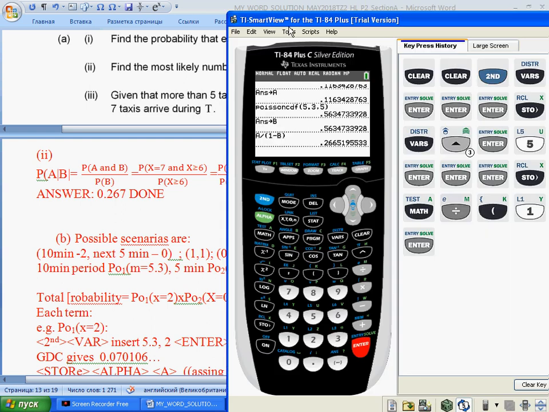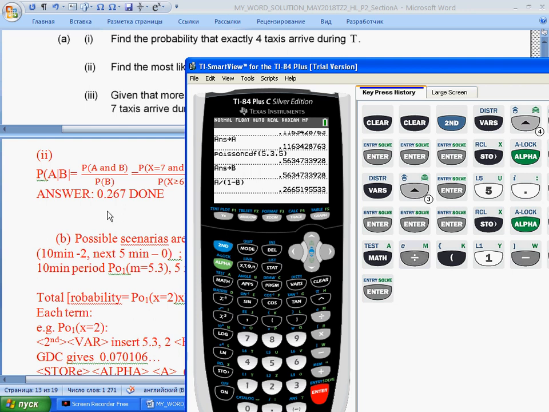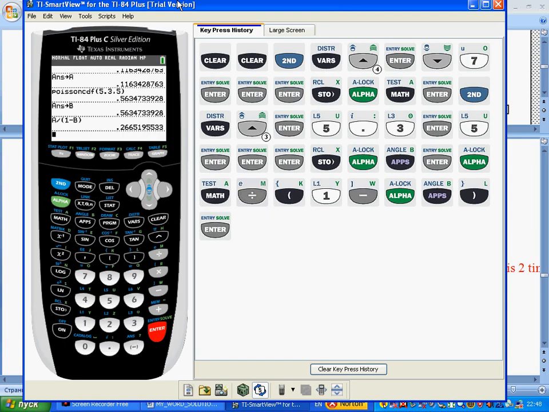Yes, we got correct answer, 0.2767. So you see, I use exact values, otherwise the last digit mostly is different. So okay, this is it.